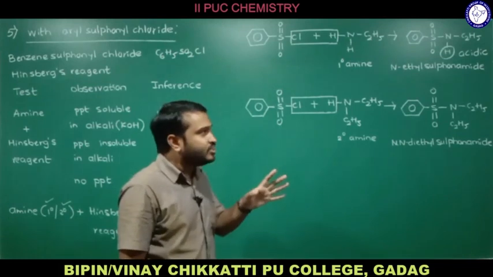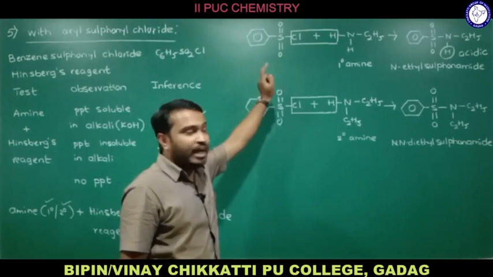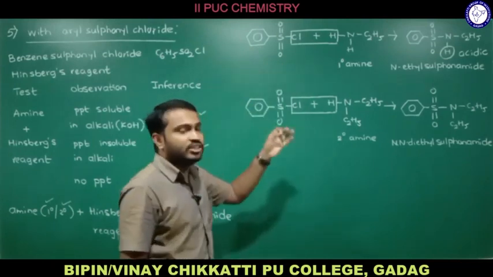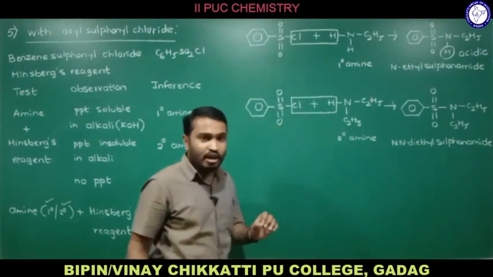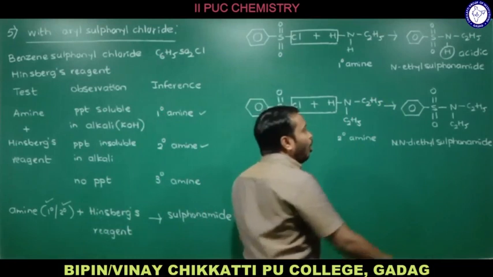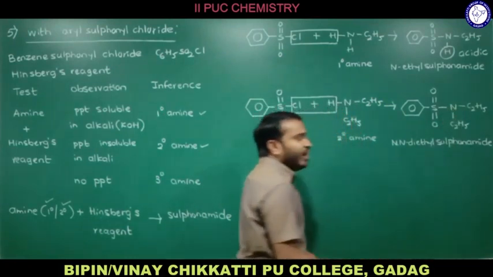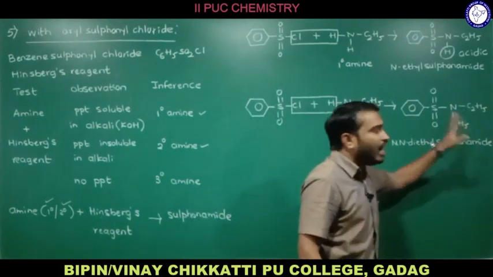If you know the reason why the precipitate is soluble when a primary amine reacts with the Hinsberg reagent, the reason is acidic hydrogen, isn't it? But if you observe the structure of the dialkyl sulfonamide, on the nitrogen we don't have any hydrogen which is acidic. Apart from that, we have two alkyl groups.